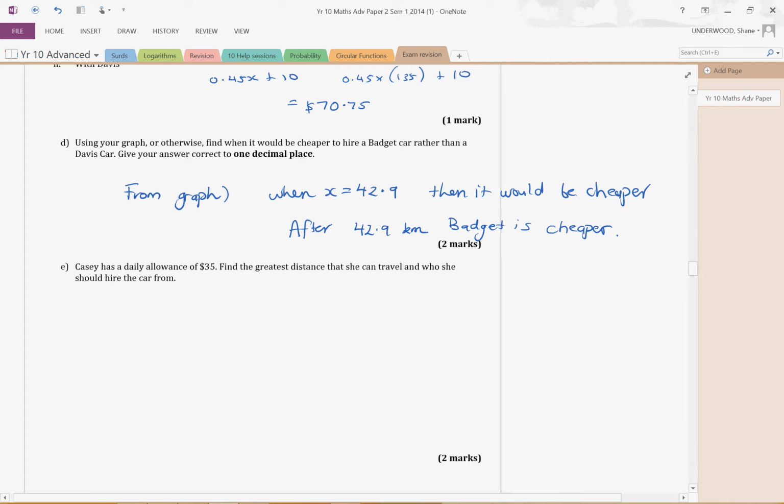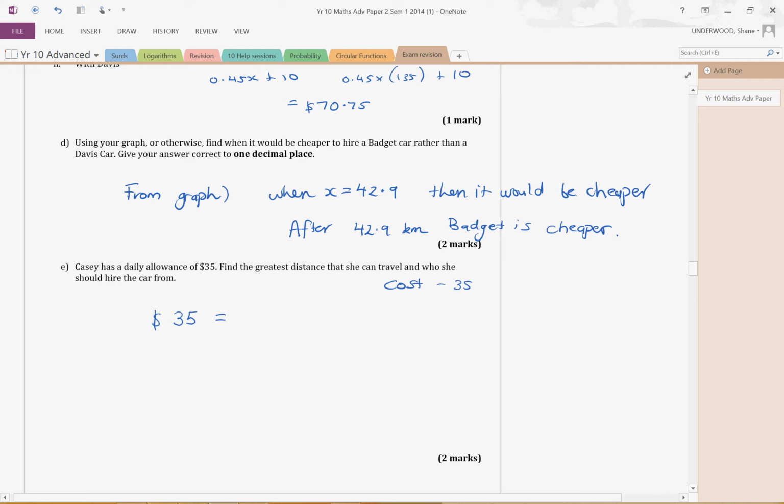So this time what we've got is $35. Now, what I would do is $35, that's the cost. C is equal to $35. The cost is $35. So what we've got to do now is we've got two equations.